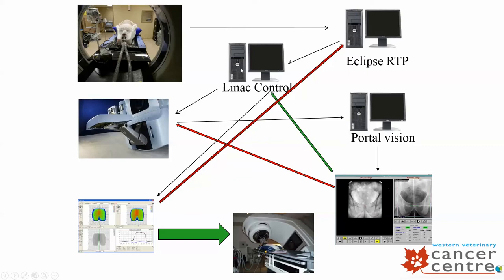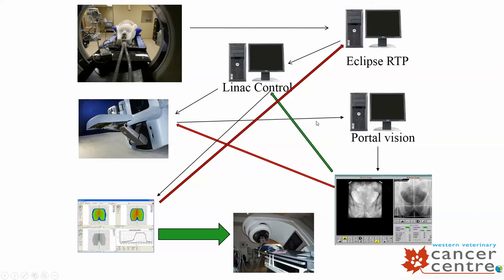And then Eclipse sends that information to the LINAC control. So we create a plan in Eclipse, it gets sent to LINAC control, and then images from that plan are sent to the linear accelerator. We'll compare images between the patient and the computer-generated images to see if they match. That process is called portal imaging.